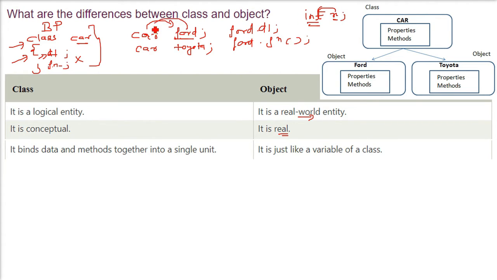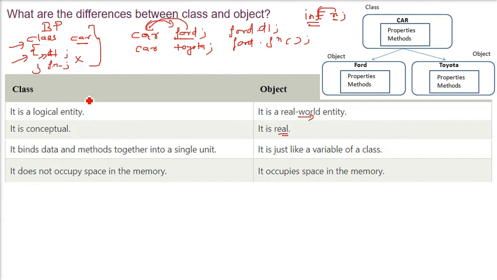So Ford is an object of type car. As I said, class does not occupy space in memory. Object, when we instantiate, when we make an object, then the object will occupy space in memory. Class, just a template, no memory at all.